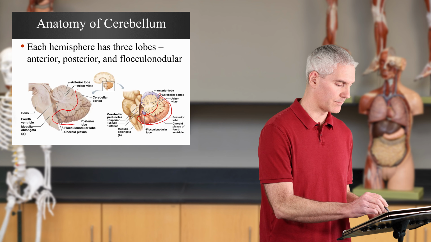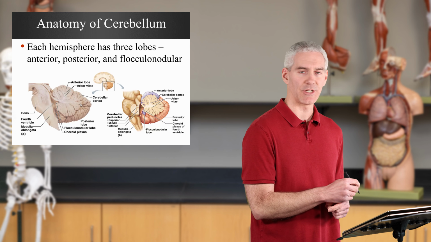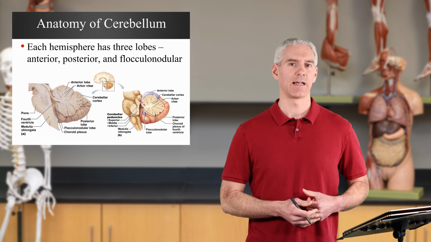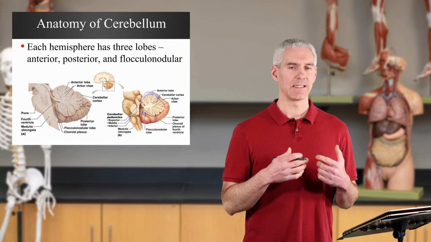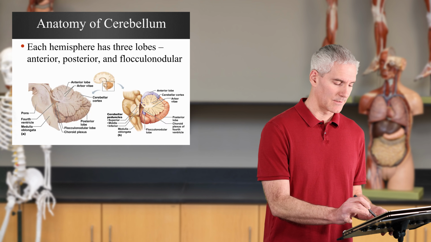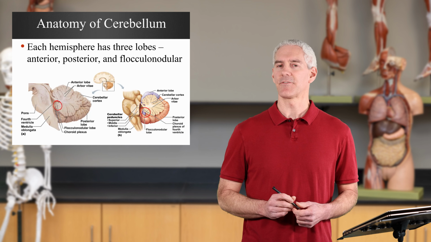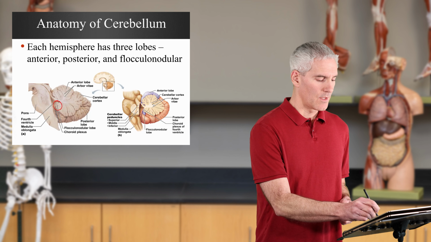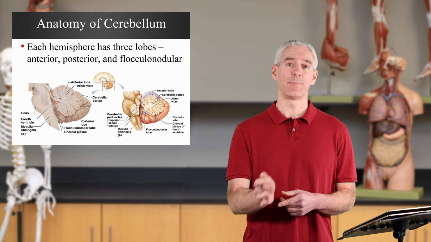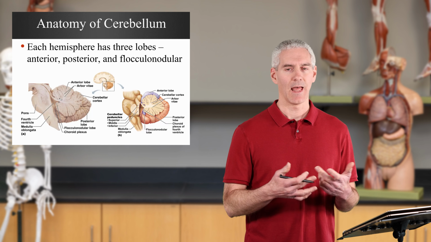And then the third lobe, somebody decided to really change things up, is the flocculonodular lobe. Yeah, I couldn't say middle, but anyway, the flocculonodular lobe. It's this little tiny piece right there, and it's right here. That's the flocculonodular lobe. So we have the anterior lobe, the posterior lobe, and the flocculonodular lobe. Again, I have no idea.